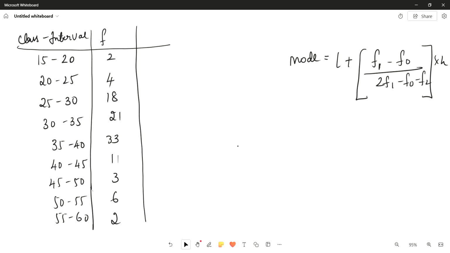It is the most occurring number. That means the highest frequency you have to check. Here the highest frequency is what? 33. Correct? Highest frequency is 33. So this will be the modal class. For the mode, the class with the highest frequency, that we call the modal class. Okay.